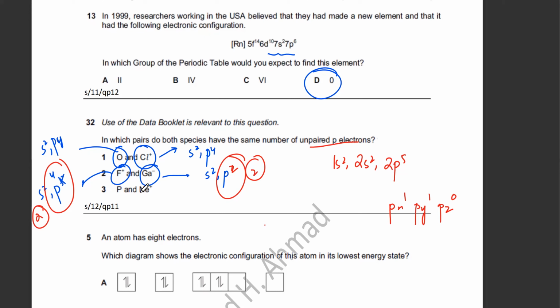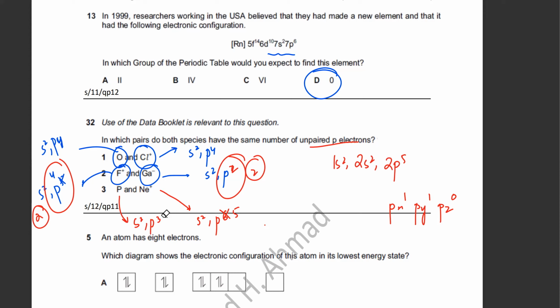And number 3 would be phosphorus, which is group 5. Phosphorus is in group 5. Group 5 would be S2 and P3. And neon is a noble gas. It's supposed to be S2P6, but since it's +1, it's going to be P5. So how many unpaired do you have when you have 3 electrons in the P?